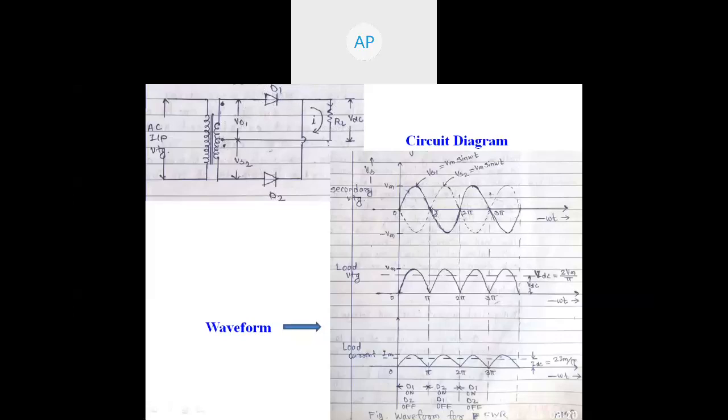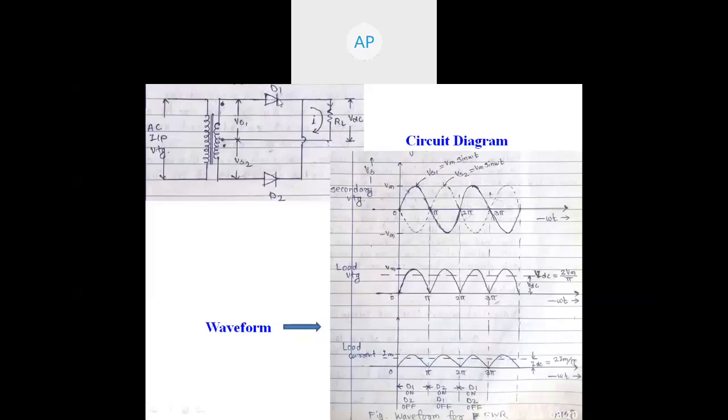So in this way, for interval 0 to pi and for interval pi to 2 pi, current flows through the load, forming the upper terminal as positive and the lower terminal as negative.